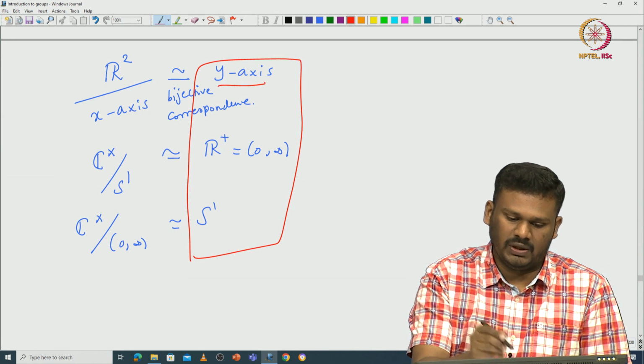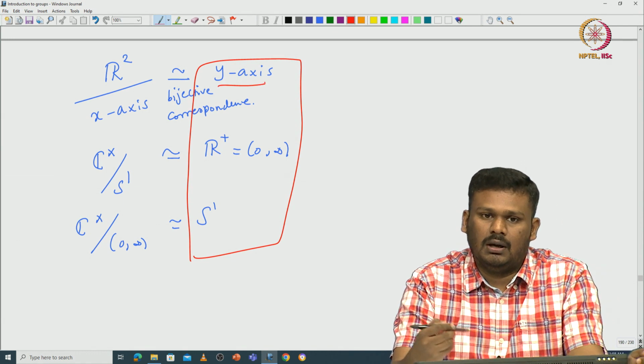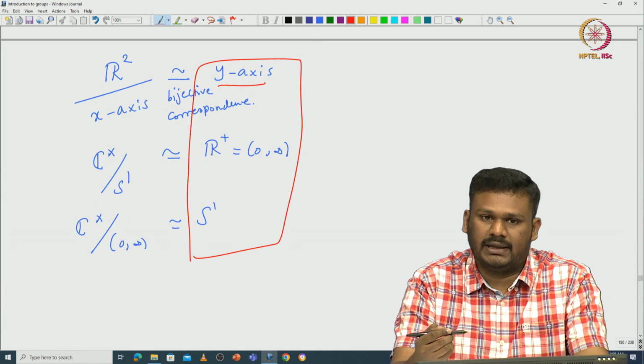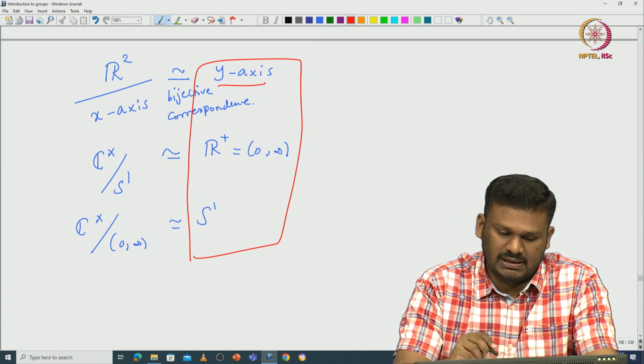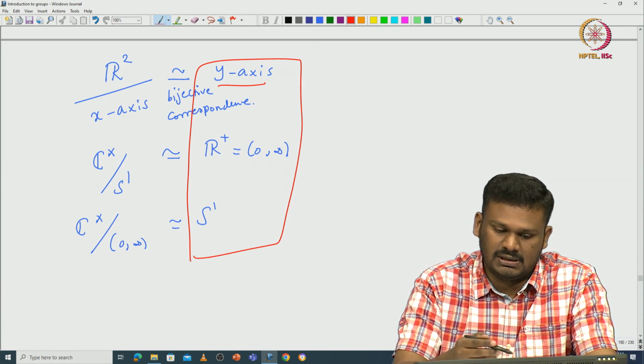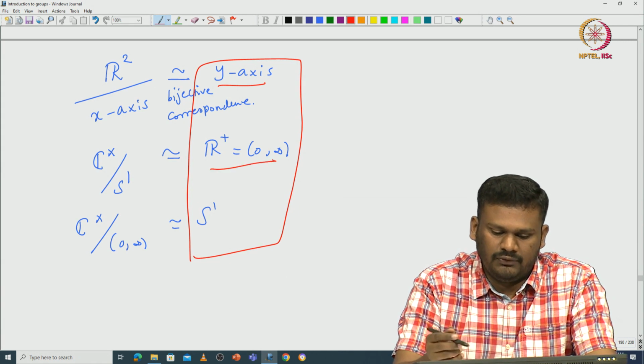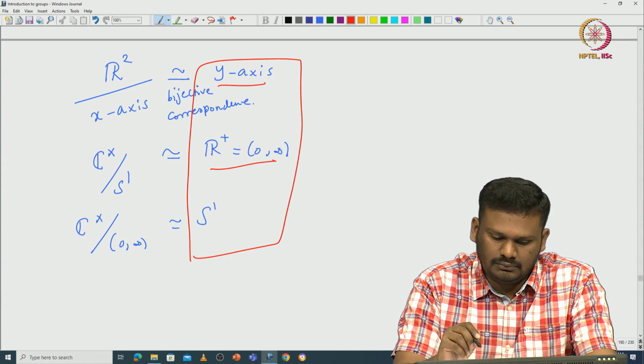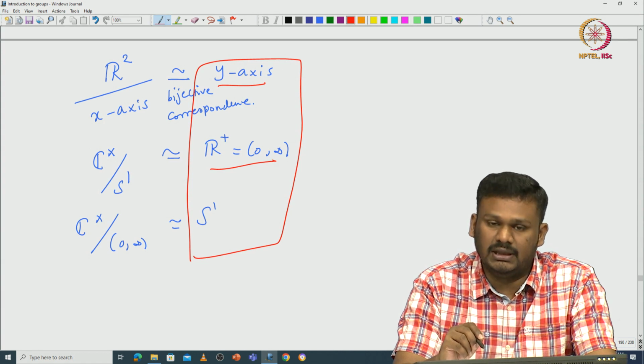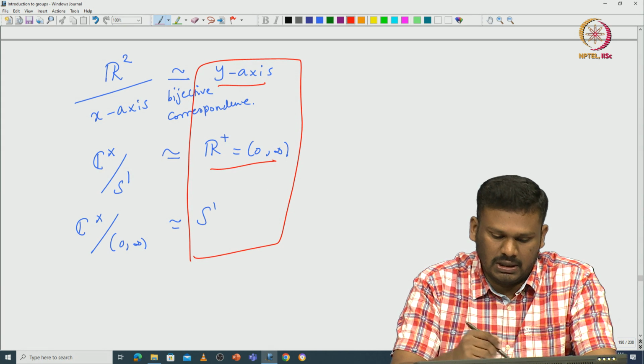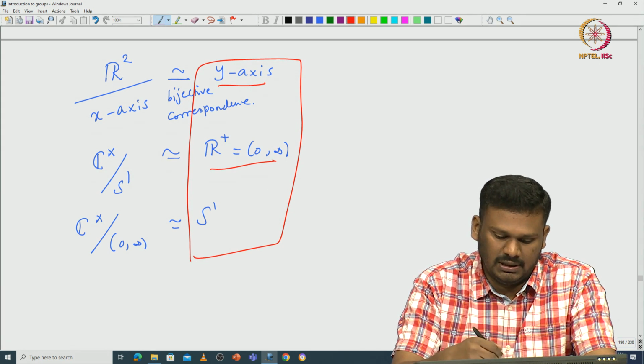For example, if you take the y axis, there is an addition of R2 that can be restricted to this y axis, so the y axis itself is a group. Similarly, if you take this ray (0, infinity), the multiplication restricted to this will make a group. Similarly, S1 as well.